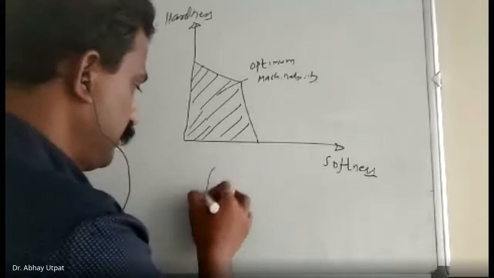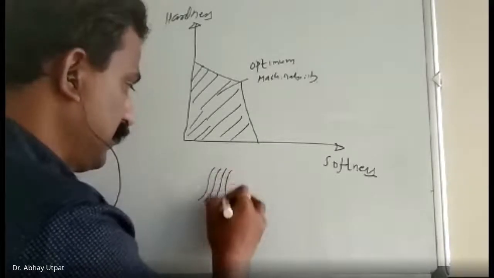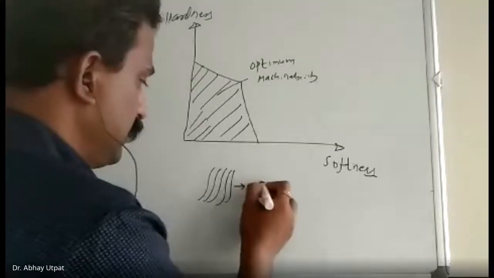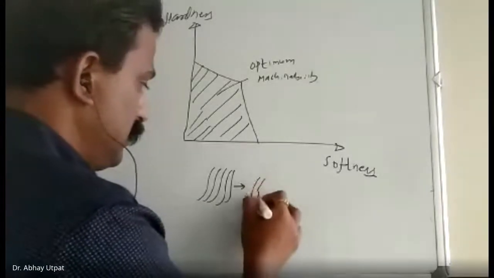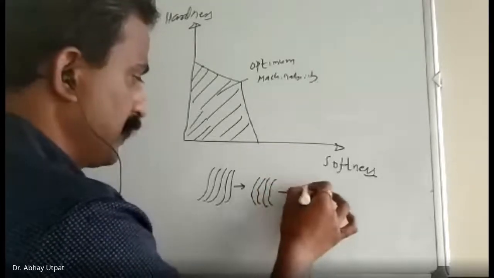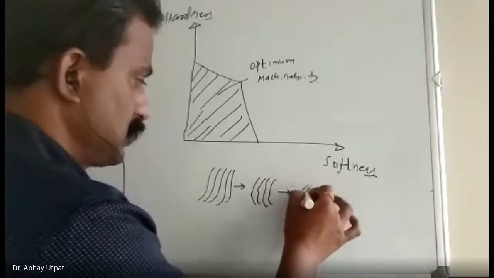It is as shown below. This is your lamellar perlite, and in this way it will go on changing its shape.